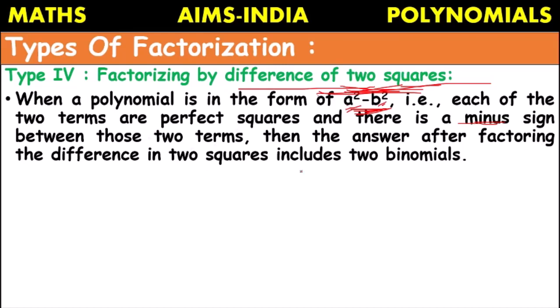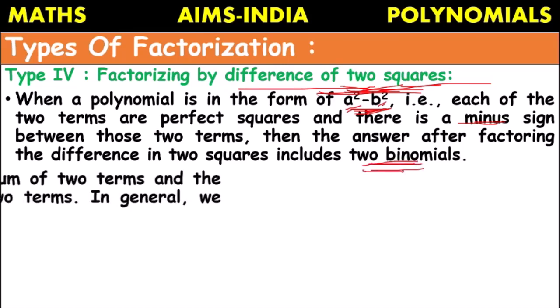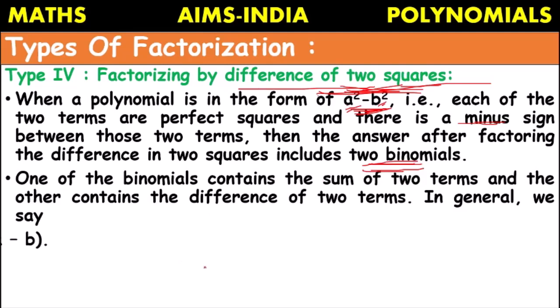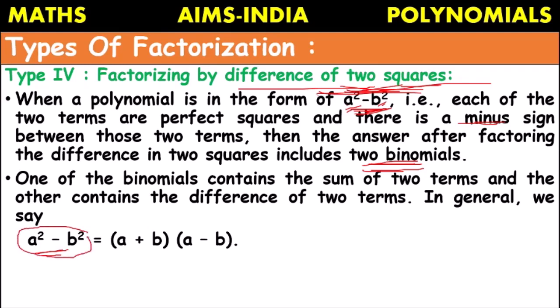Then the answer after factoring the difference of two squares includes two binomials. It means, suppose we have a square minus b square, what are the factors of this binomial? We can write it as (a plus b) and (a minus b). This identity is already proved, so directly we are taking the formula here.